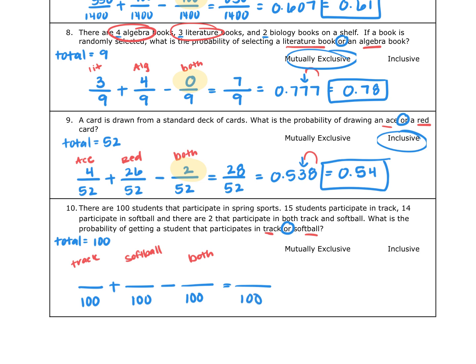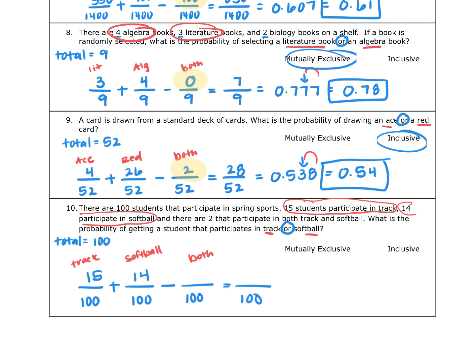Okay, now I'm going to go and find my track. It says 15 students participate in track. So my first number is going to be a 15. Now I'm going to look for my softball. It says 14 participate in softball. So this one's going to be a 14.